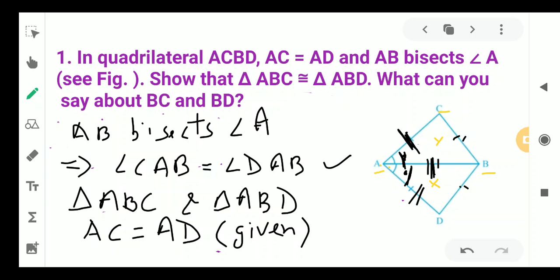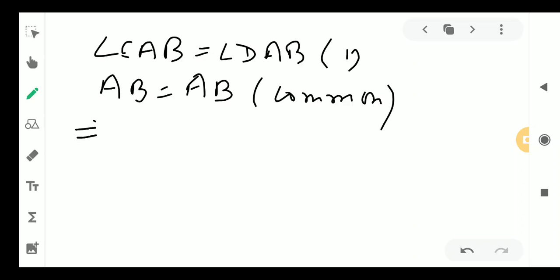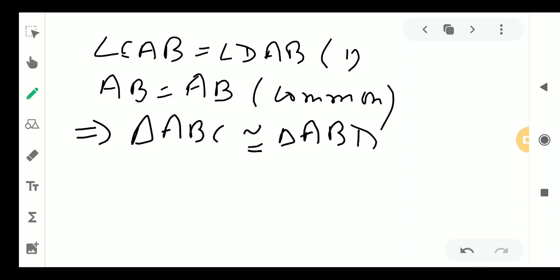So we can say by SAS criteria these two triangles are congruent. So we can write triangle ABC is congruent to triangle ABD. Now we have proved this that by SAS they are congruent.